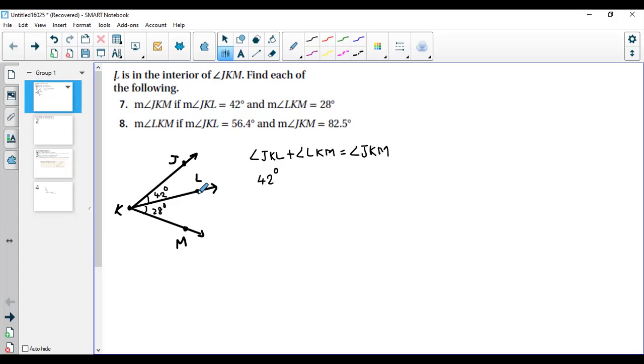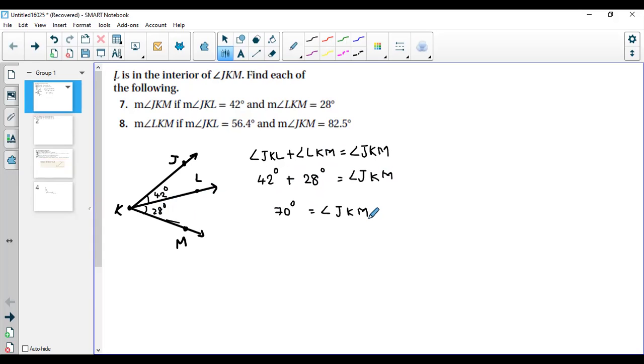And the measure of angle LKM is 28 degrees. So if you add both of them, you will get the measure of the bigger angle. So how much is 42 plus 28? That will give you 70 degrees, which is equal to angle JKM. So angle JKM is equal to 70 degrees. This is how you need to solve the questions which say that there is a point inside the angle.